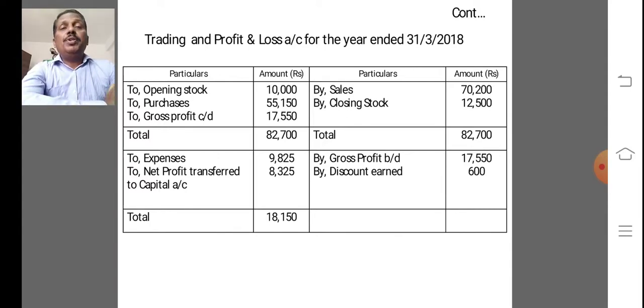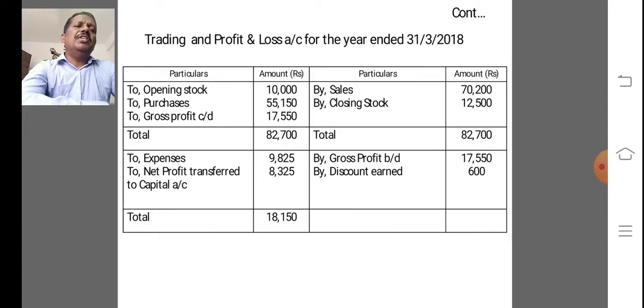For what purpose do we prepare trading account? To find out the gross profit or gross loss, but in this problem we have got gross profit. That gross profit is brought down to P&L account, that is 17,550.